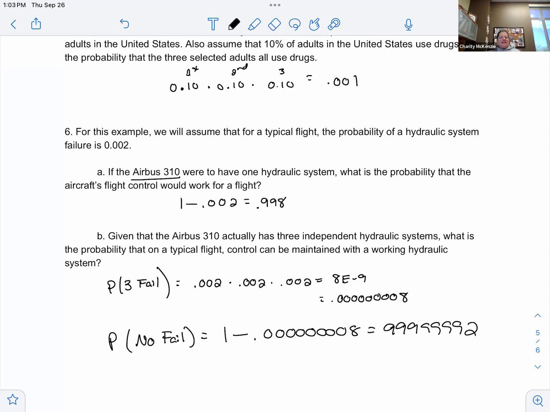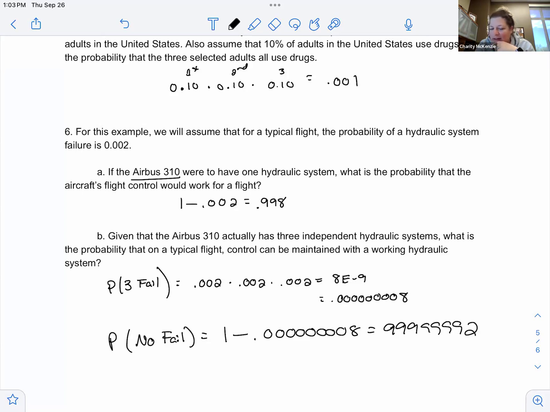If I did 0.998 to the 3rd power, it's not going to be quite the same answer. Similar, but it's not, because that's like saying all 3 fail at the same time.